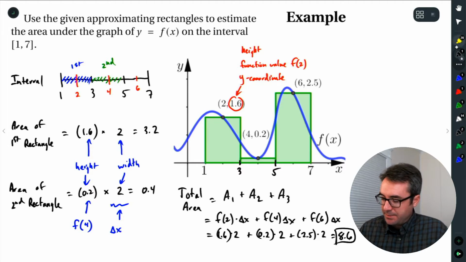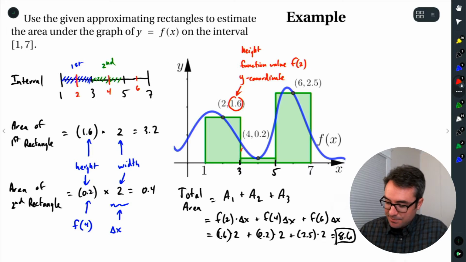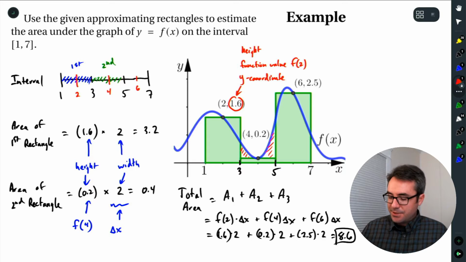But it's an approximation. Going back to this example we did, there are sections here that we missed in our calculations. We didn't account for that. But then there are other sections where we did too much, like right here, over here.